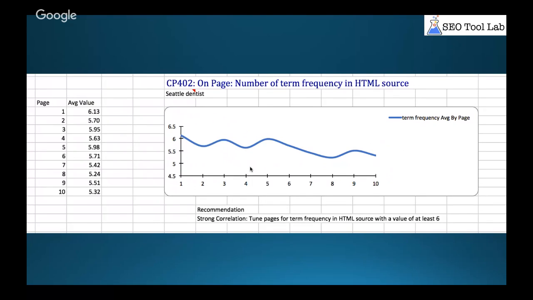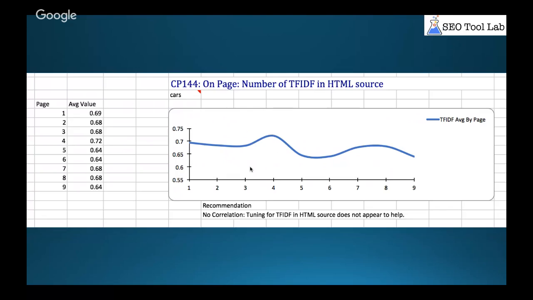Term frequency. So we talked about that before. Here's strong correlation for Seattle dentist and term frequency. Yeah, that's huge. And here's an implementation of TF-IDF. So I run that as a factor as well.